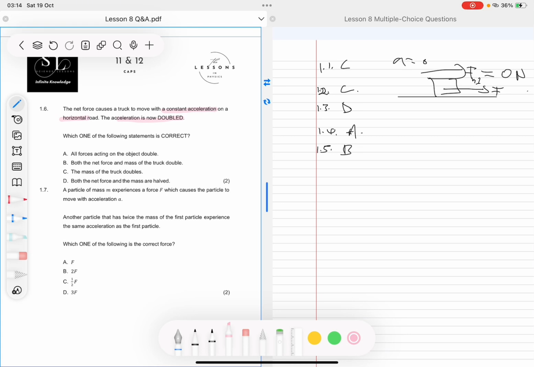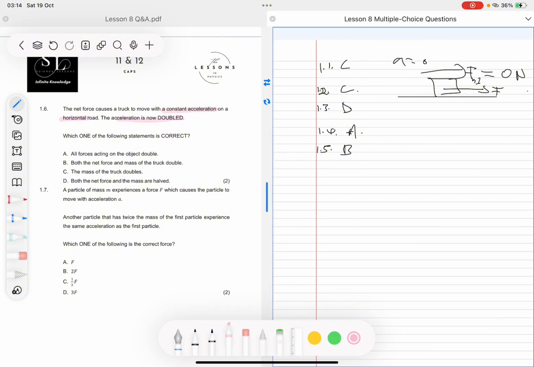Okay. I think the best way to do this would be to look at our truck to say we have a truck here.